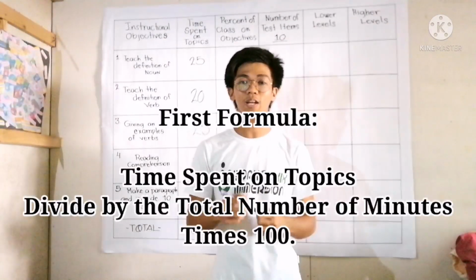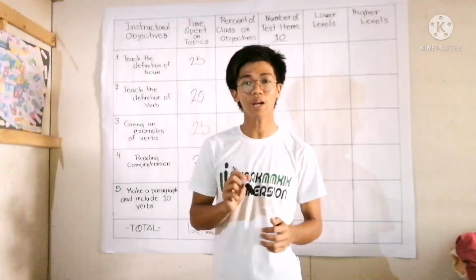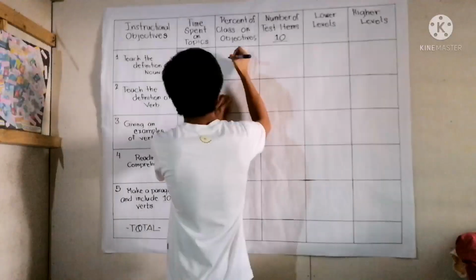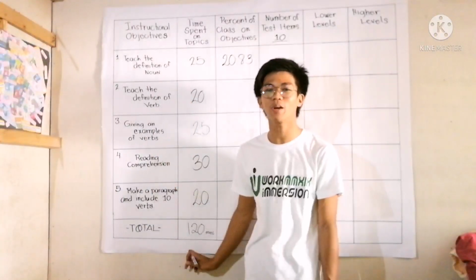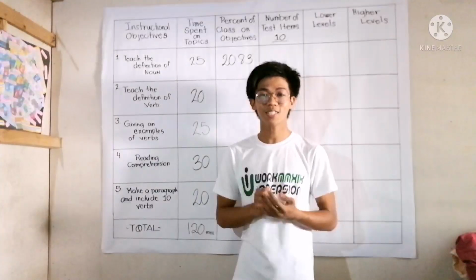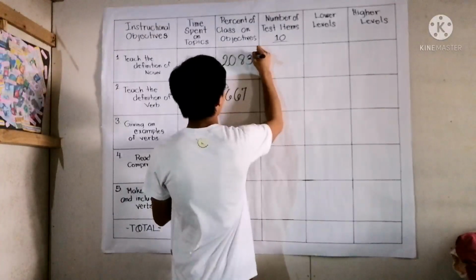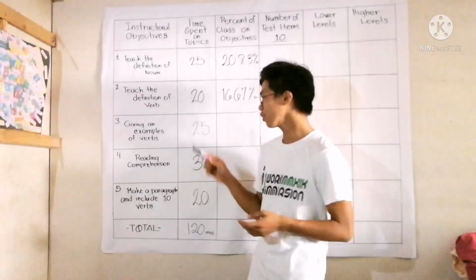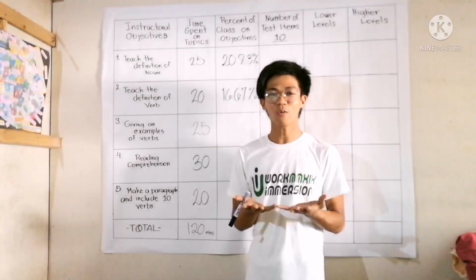Then we will multiply it by 100. So 0.20 times 100 is 20.83. Next is 20 divided by 120, which is 16.66 or 16.67. So I will let you do the third, fourth, and fifth objectives using our formula.